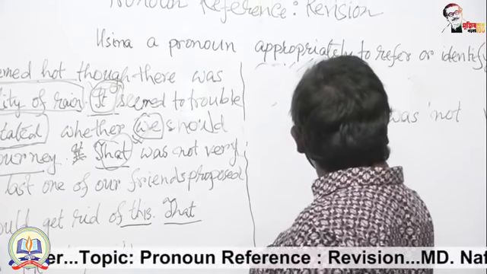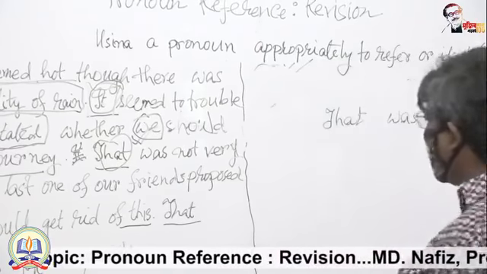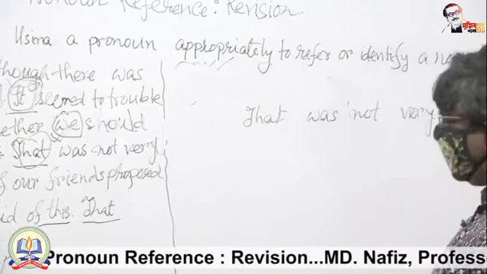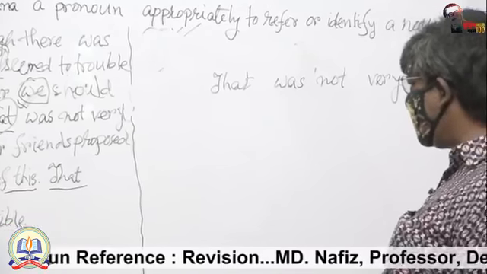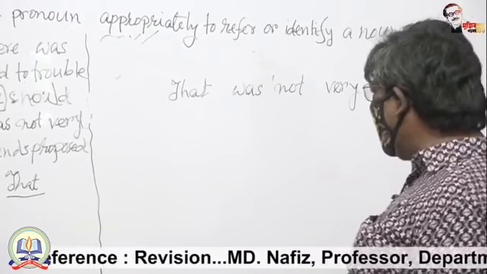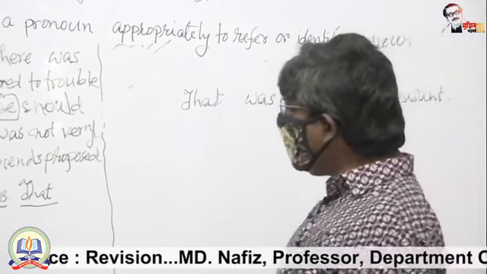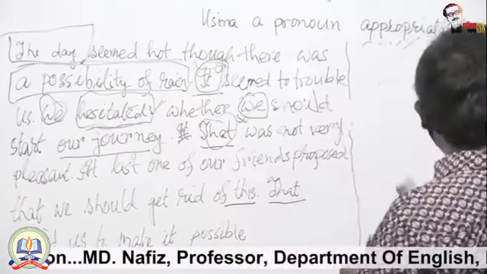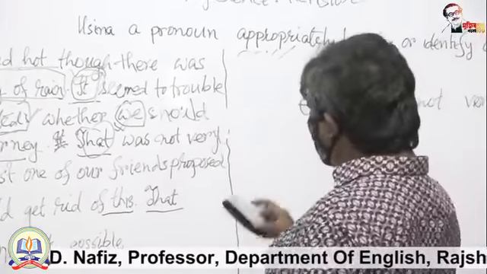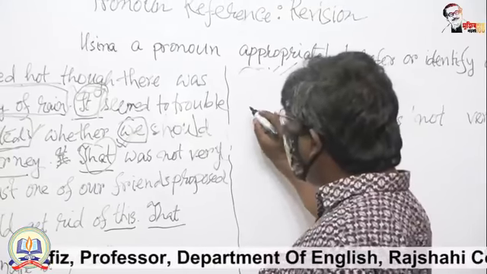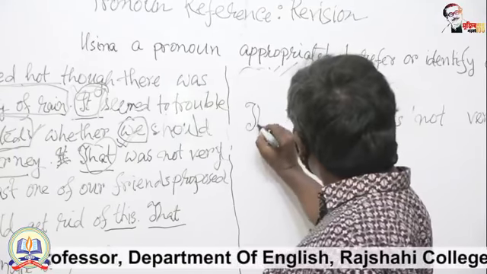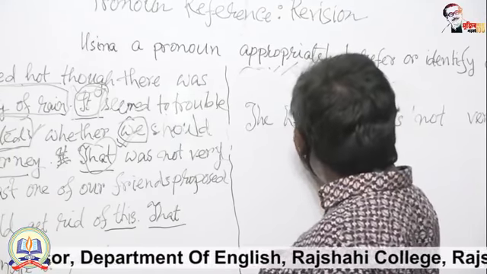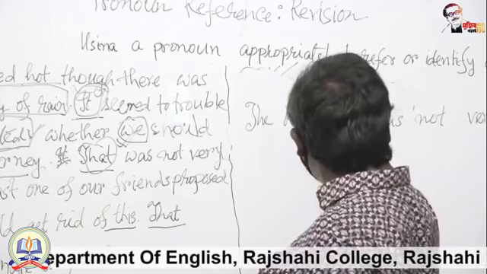But it is not made clear in the sentence. To make the statement clear, we have to use the noun of the verb hesitated: the hesitation. And now you get the clear idea of this sentence.